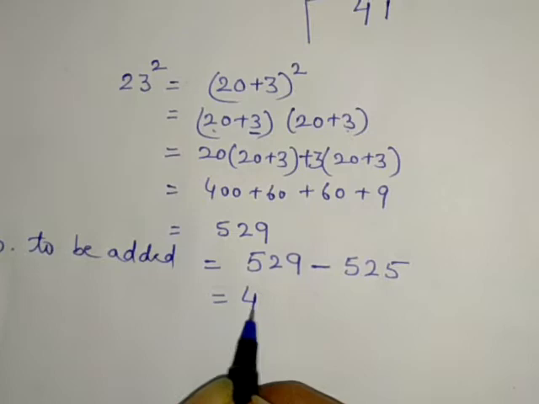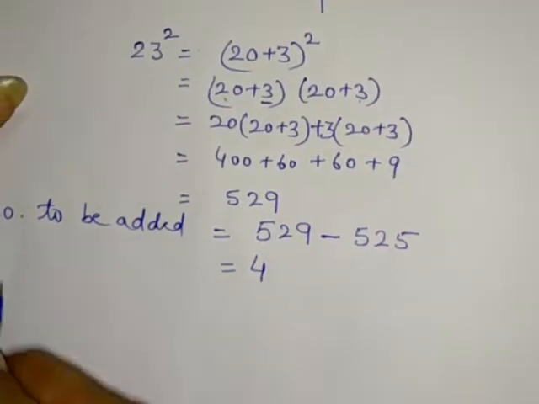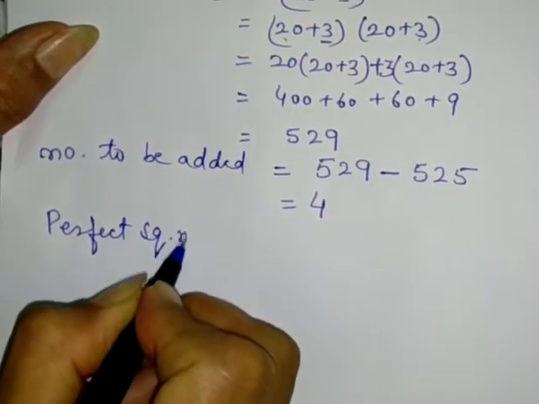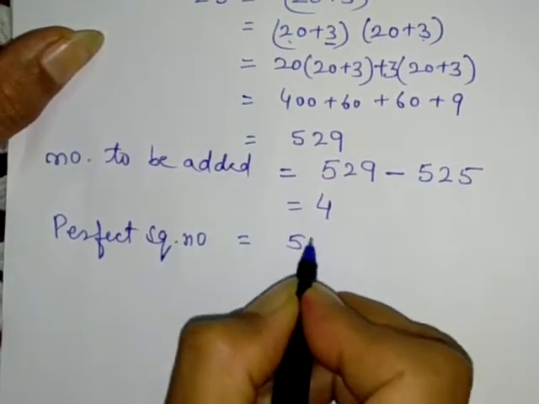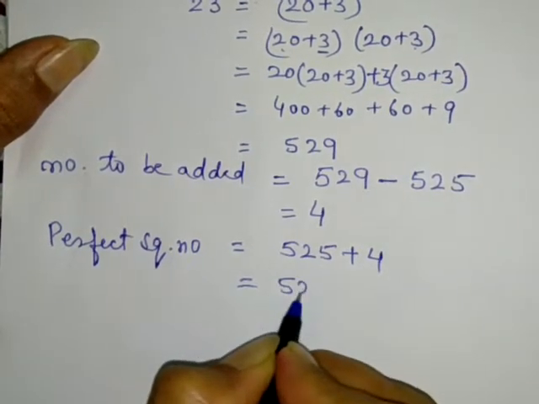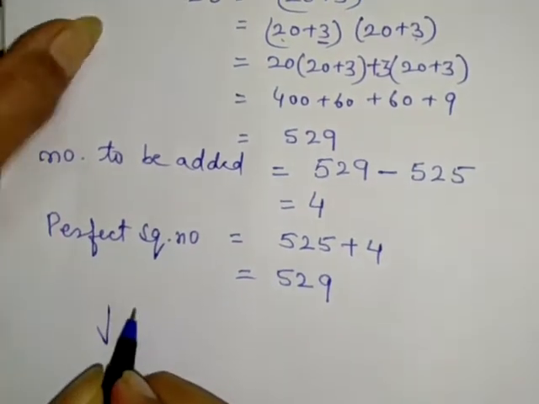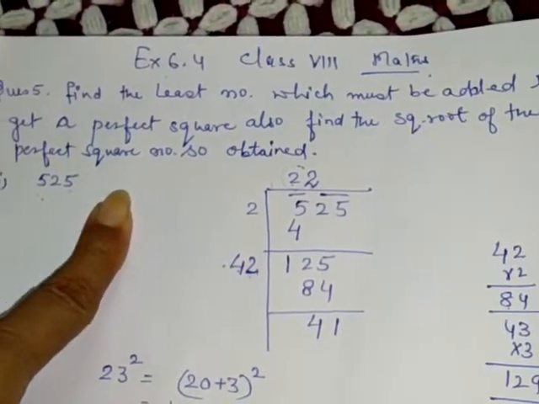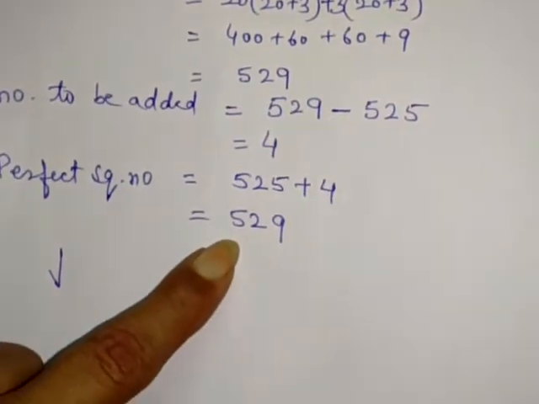Then only I'll get the perfect square number. Now you will write here: perfect square number is equal to 525 plus 4. That gives you 529, and the question was also to find the square root of the perfect square so obtained. So now you have obtained that 529 is your perfect square.